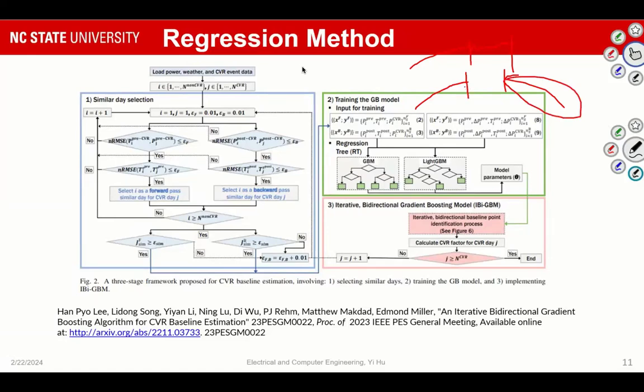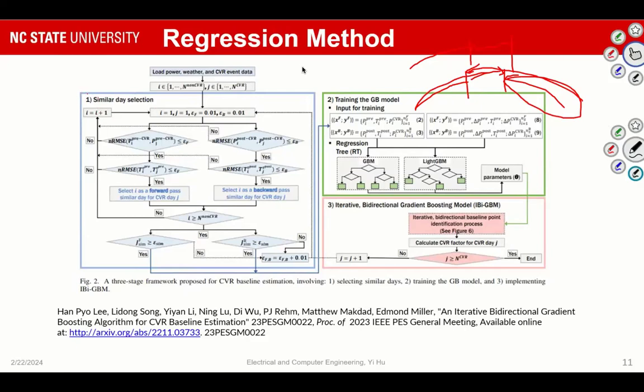So from this point, this work has proposed an innovative method, which is a bidirectional prediction. Go this way and then go this way. You get two results and combine those two results together. In this way, you get more accurate results. This is the basic idea of this work.